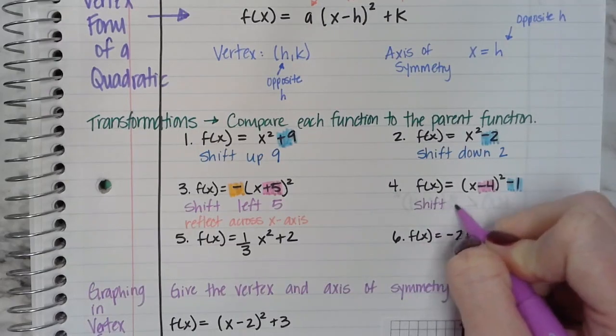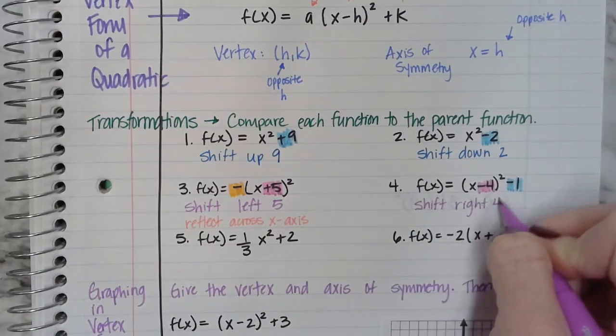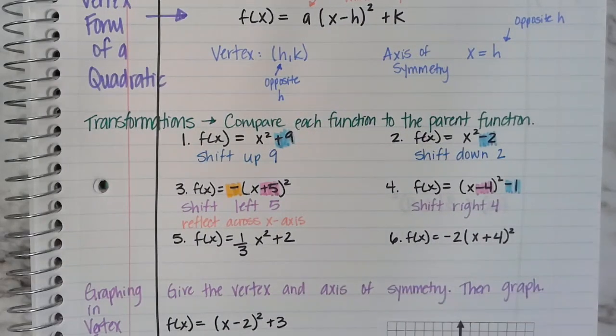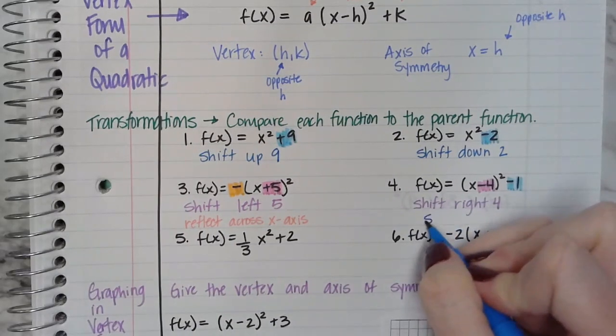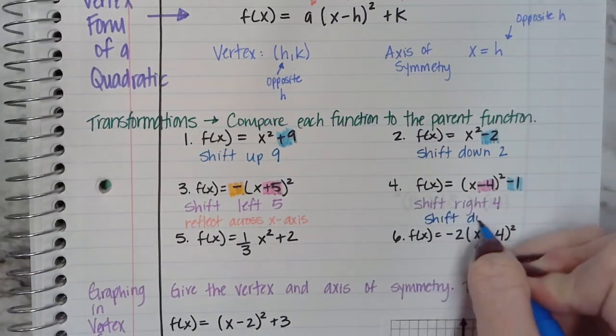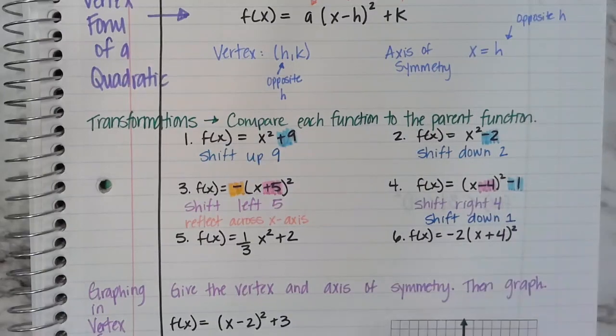Opposite h, so shift right 4, and shift down 1. Okay, number 5 and 6. I want you to try those ones on your own, pause the video, and then press play and see how you did.